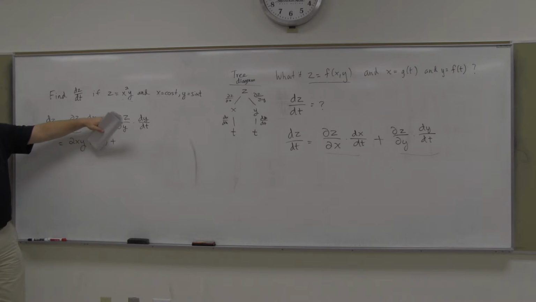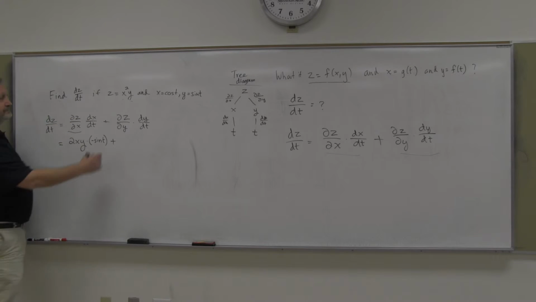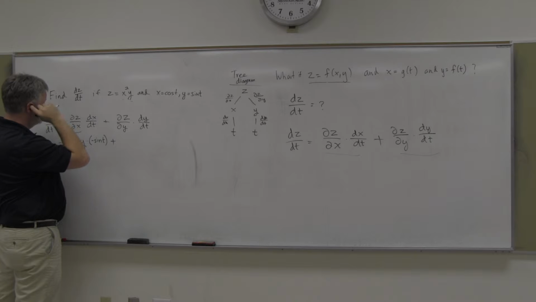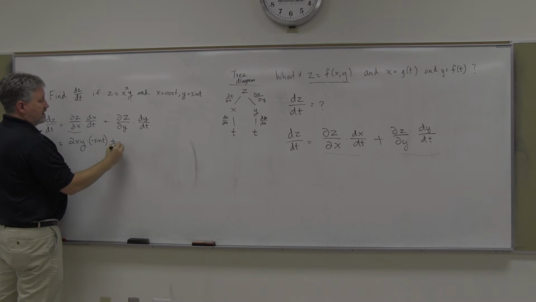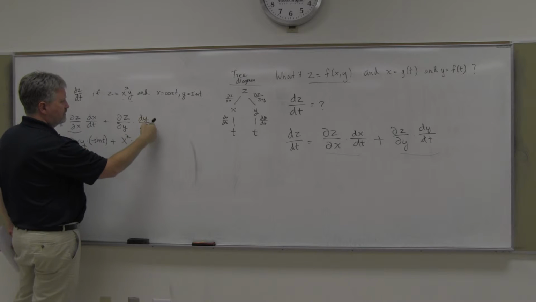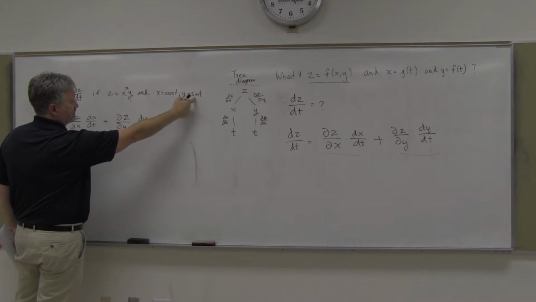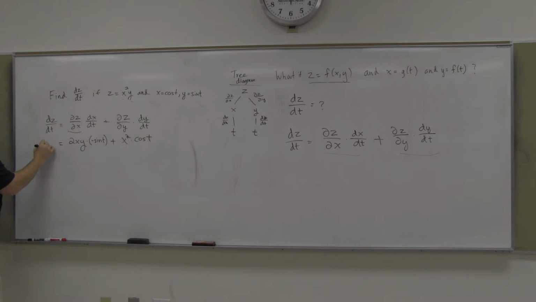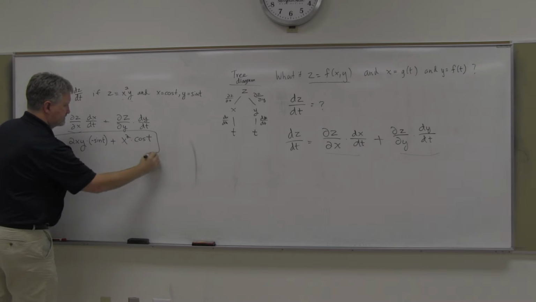All right, then the partial of z with respect to y. And so now we reverse it around. The y is our variable, the x squared is fixed, so it's just x squared. And then dy dt, the derivative of y with respect to t would be cosine t. And that's one way we could write this.